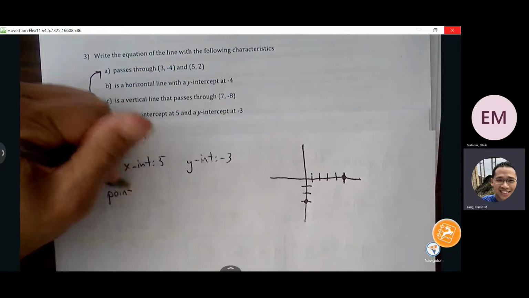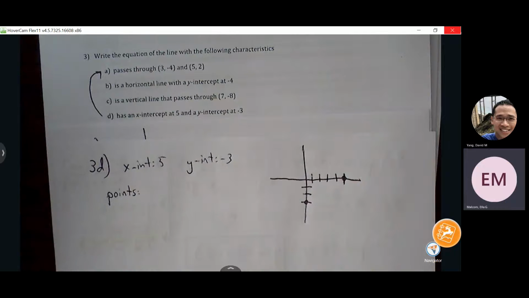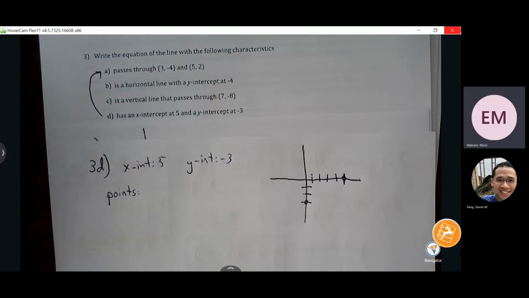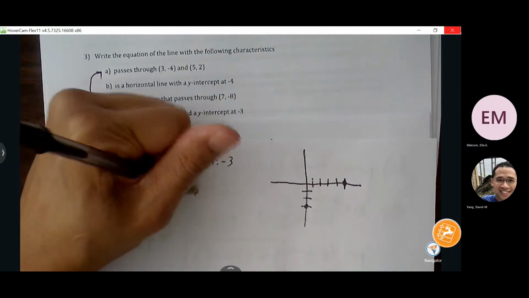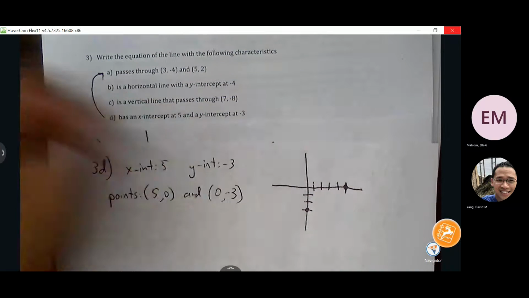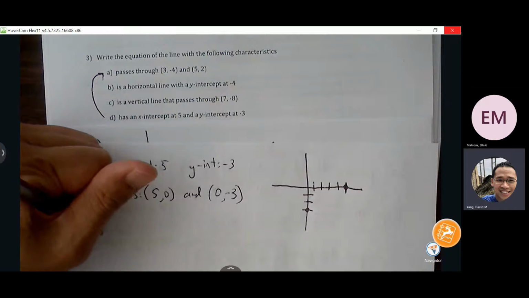So what points are we working with? We're working with 5, 0, and 0, -3. Okay, find slope.